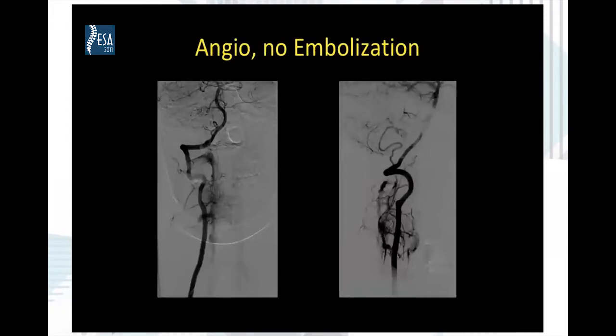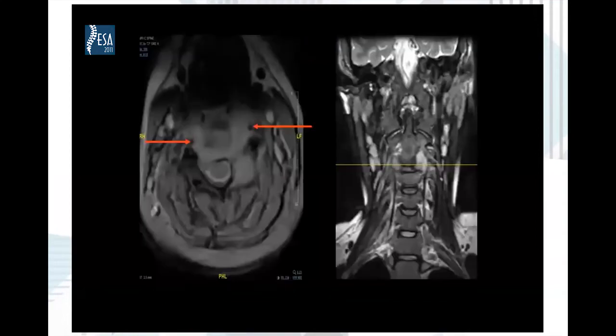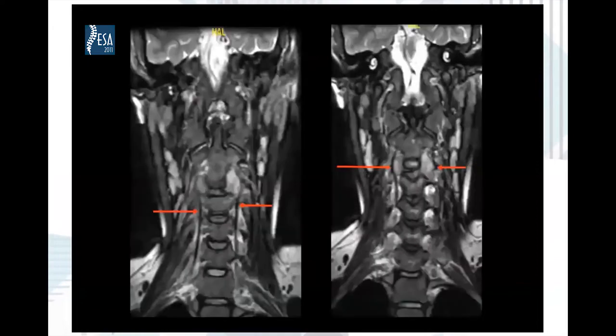tumor was vascular. However, it was risky to embolize the tumor. And this is a tumor that you would like to perform a total resection while preserving the vertebral artery. So we were lucky that the artery was not totally engulfed within the tumor.